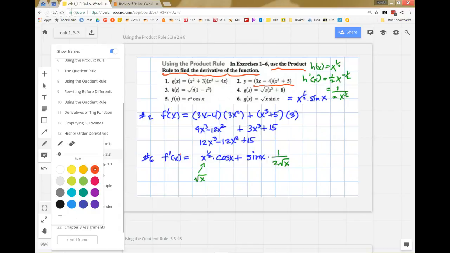So here I am using the product rule. The first times the derivative of the second, the derivative of x cubed plus 5 is 3x squared, plus the second, x cubed plus 5, times the derivative of the first. The derivative of 3x minus 4 is 3. And then just multiply it out and bring the like terms together. So there's a real simple example of using the product rule.